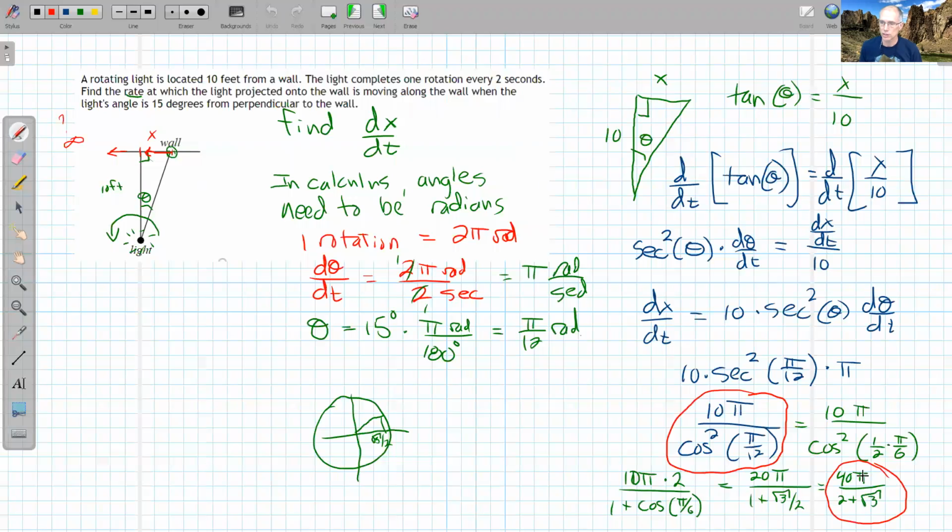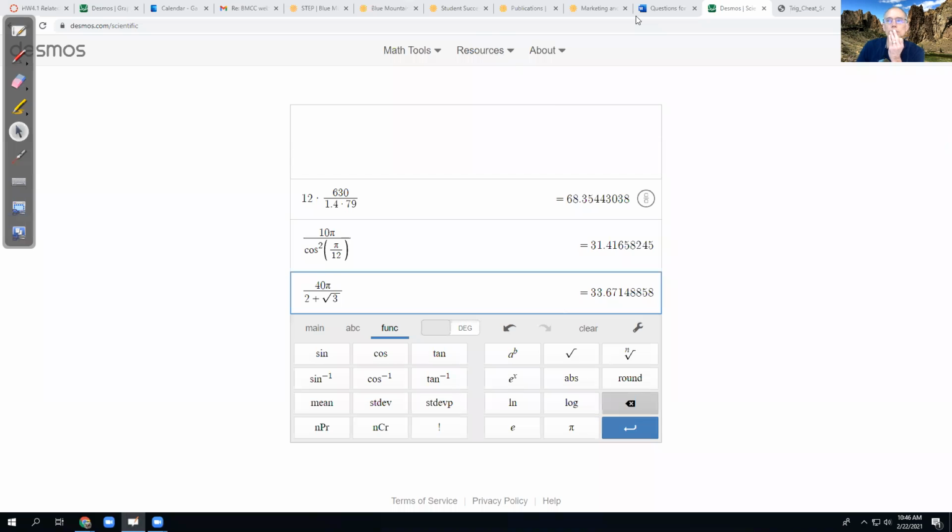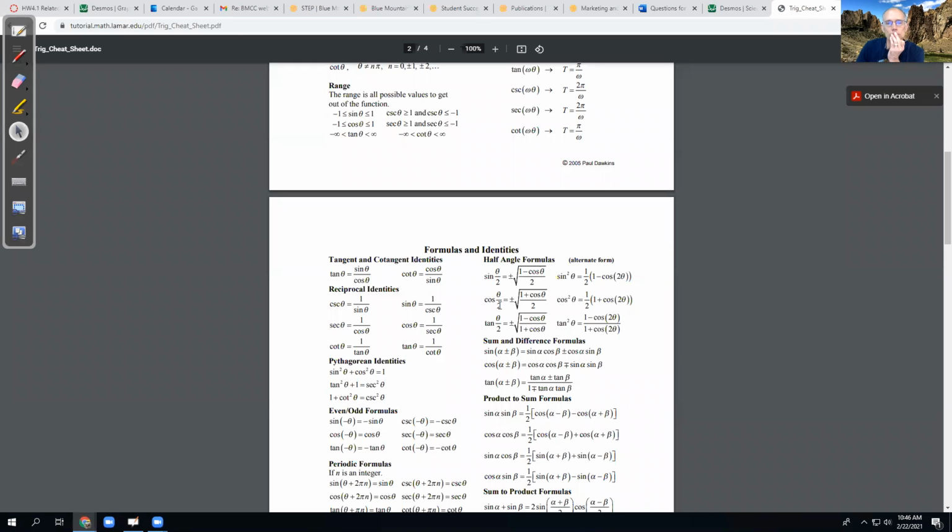Okay. So cosine theta over 2 is equal to the square root of 1 plus the cosine of theta over 2, right? Right here. And then I'm squaring that.